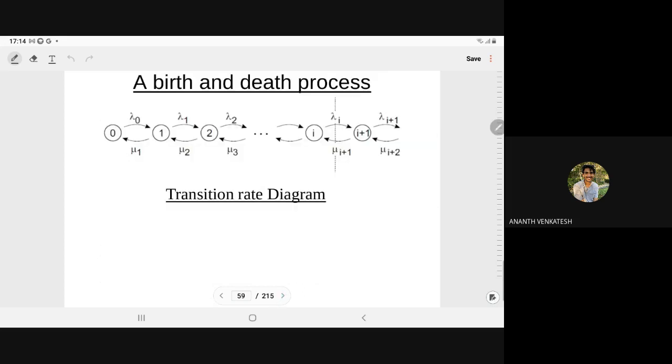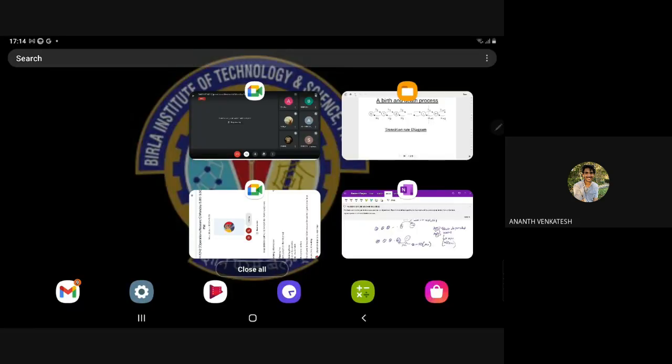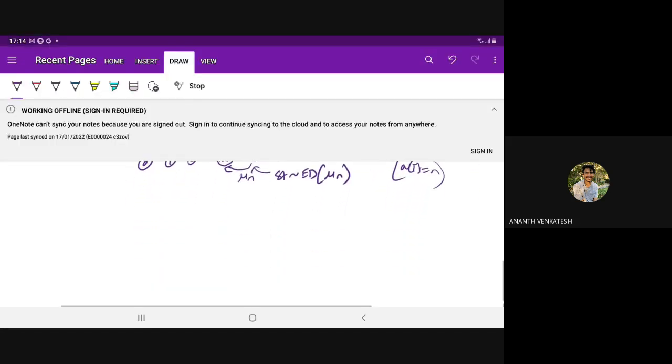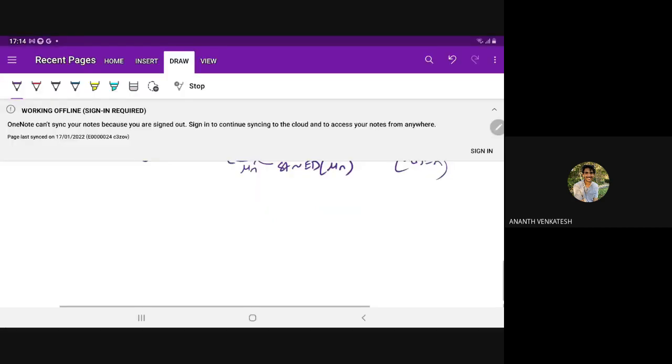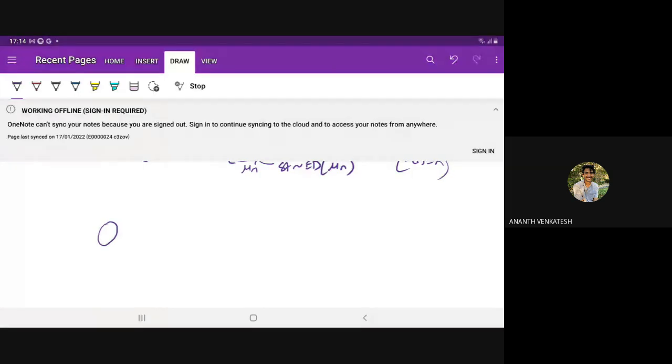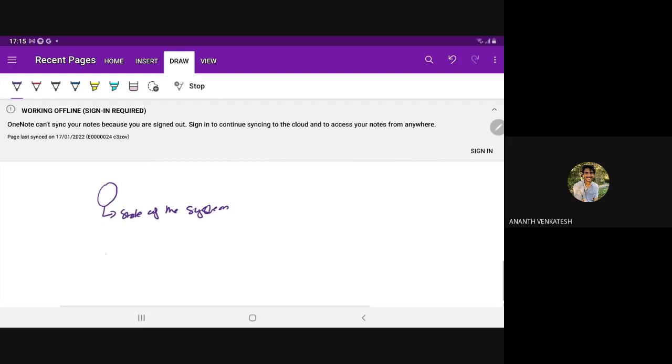So actually, what happened here? Initially there is always zero customers. This circle denotes the state of the system, and the state of the system means how many customers are there.